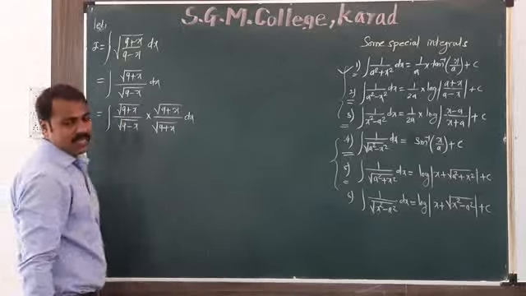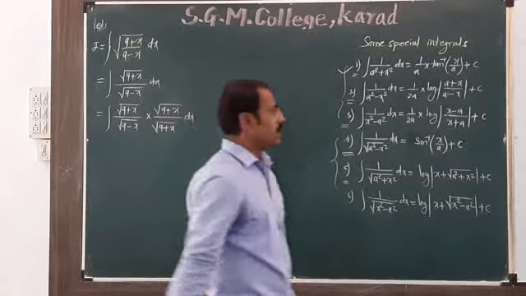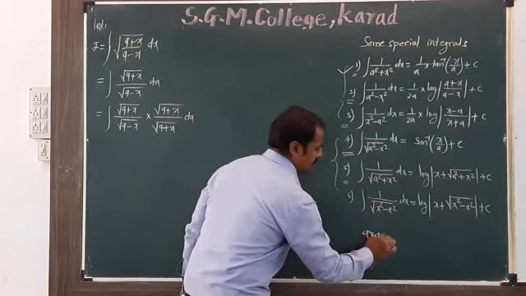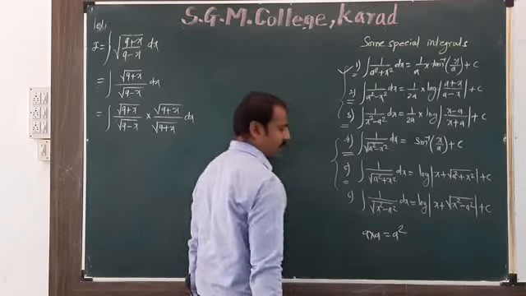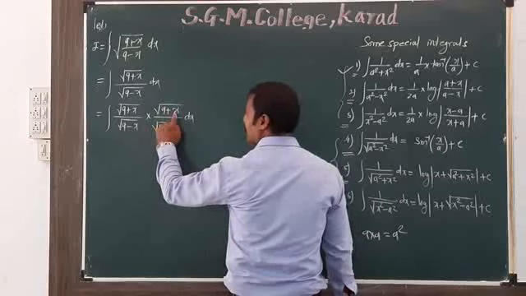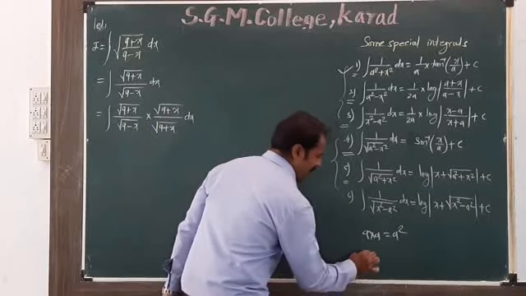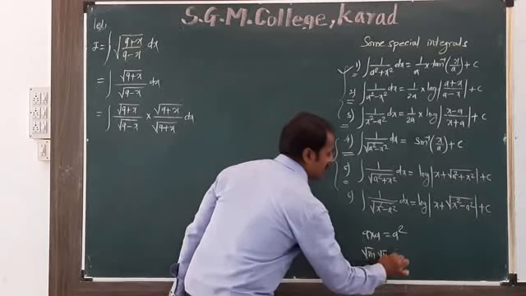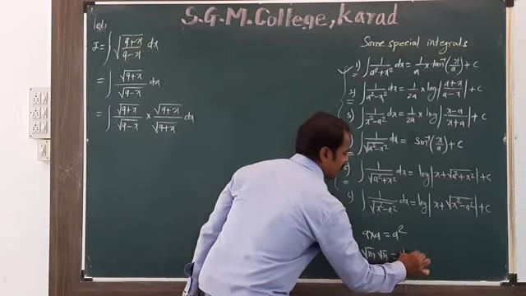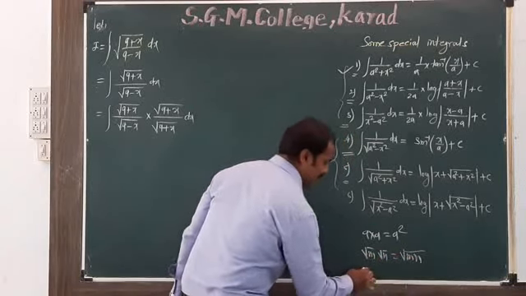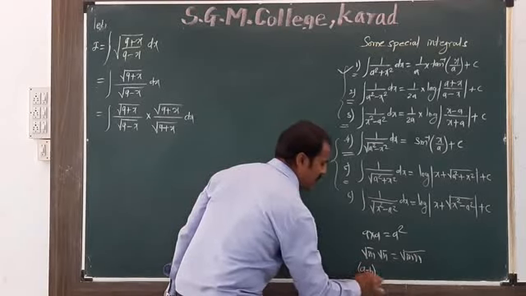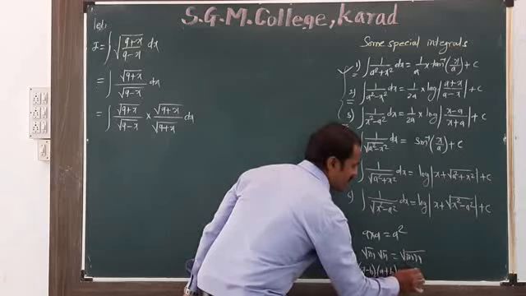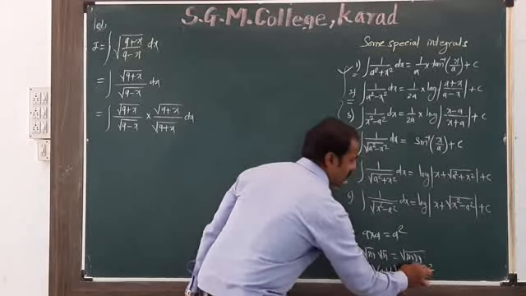Okay, make simplification here. Now we know the formulas: a into a is nothing but a square, root m into root m is m, and the last formula is (a minus b) into (a plus b) is equal to a square minus b square.